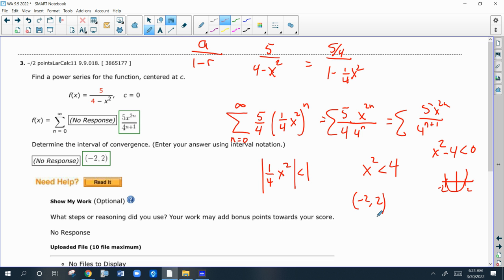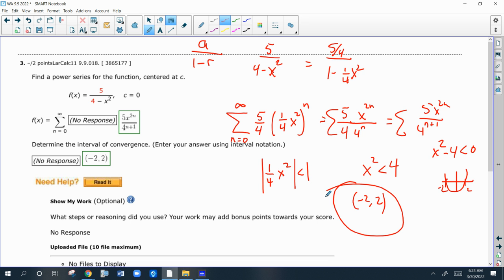Now, remember, we're so used to checking the endpoints of the interval. You don't need to do that when you're looking at a geometric series. We had to do that when we're using the ratio test, because at the endpoints it would equal 1, and when it equals 1 in a ratio test, it's inconclusive.